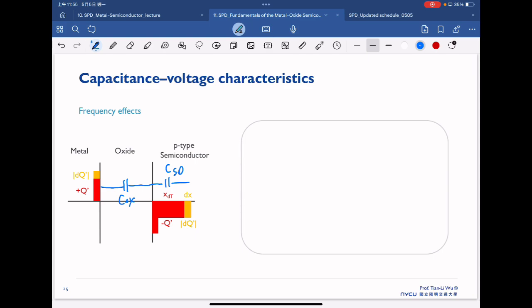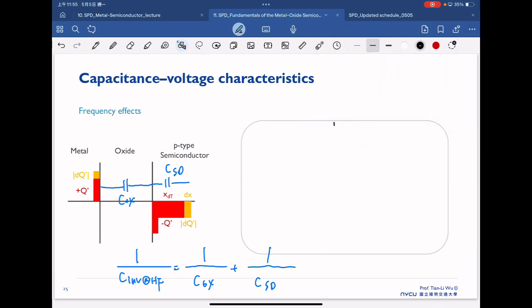So therefore, the 1/C in inversion at the high frequency now becomes 1/Cox in series with 1/CSD.